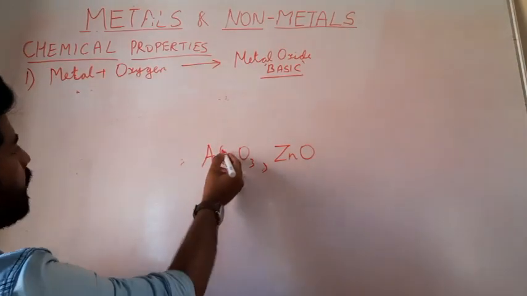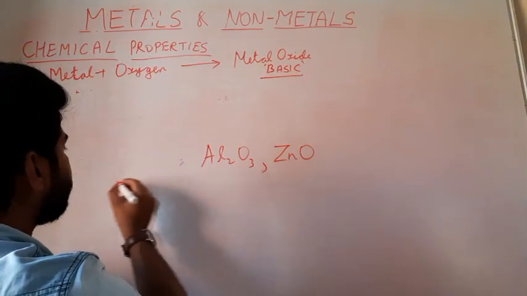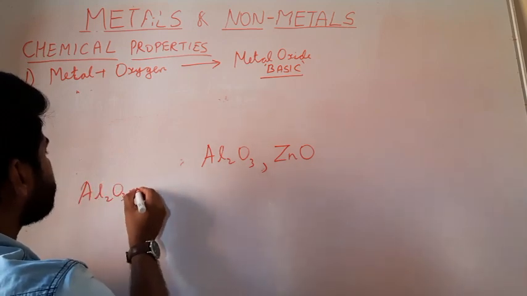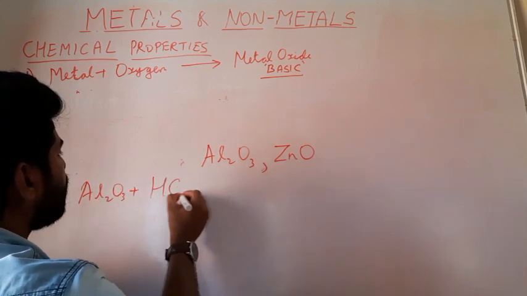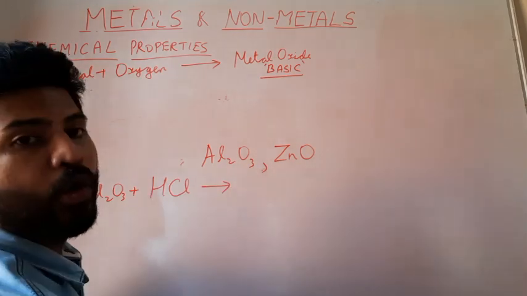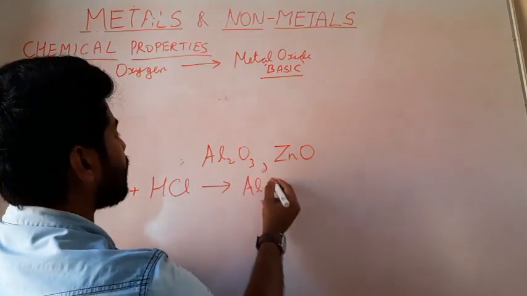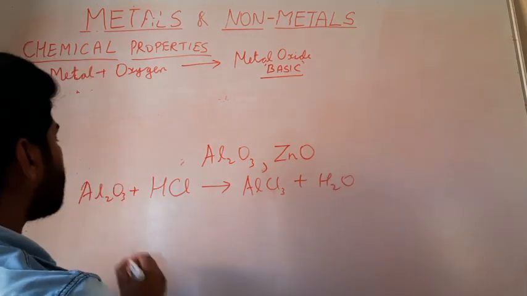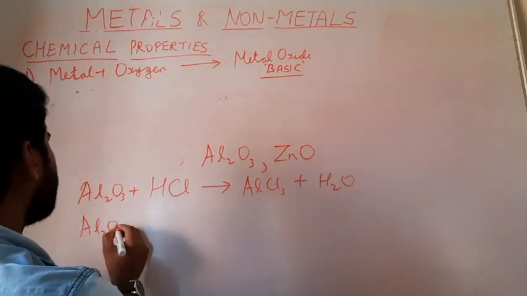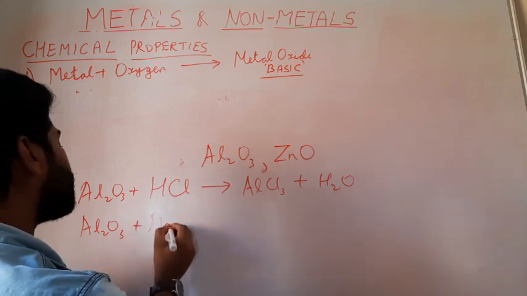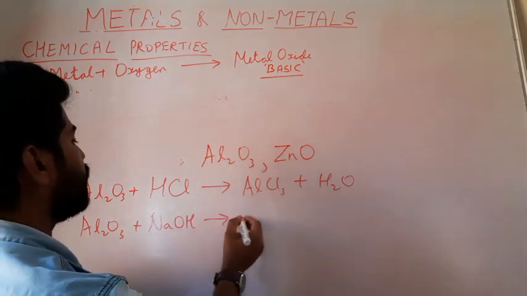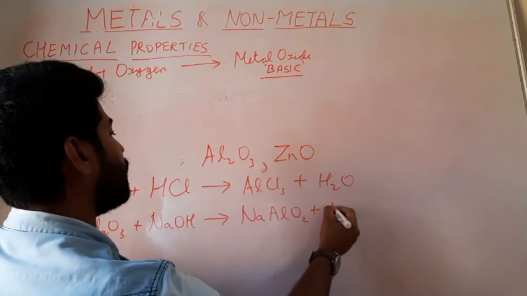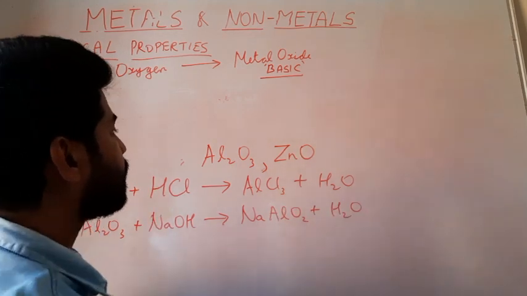For example, if you take aluminium oxide and make it react with an acid, hydrochloric acid, we get aluminium chloride plus water. Aluminium oxide will also react with a base to give you sodium aluminate plus water.